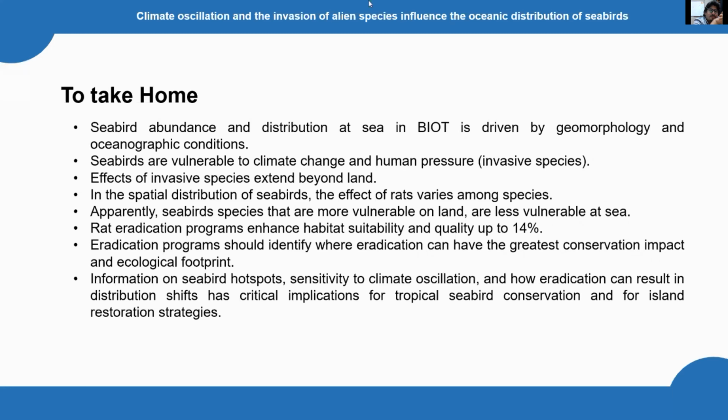Rat eradication programs enhance habitat suitability and quality by up to 14%. Eradication programs should identify where the best places for eradication are, in order to minimize financial costs and maximize restoration probabilities. These results also give us information about why and how seabirds are distributed now and how they're impacted by these two important features, which are climate oscillation and invasive species.